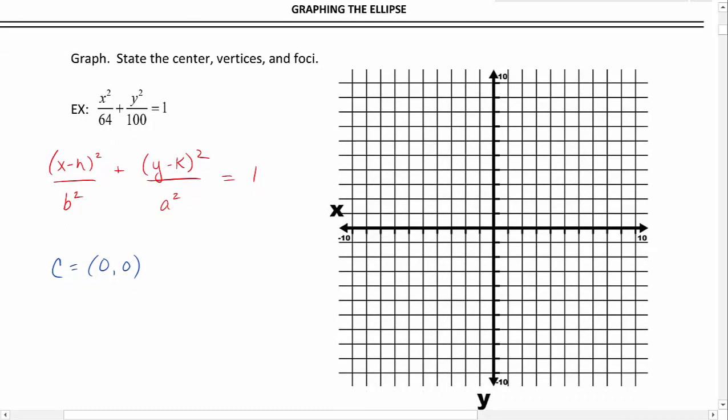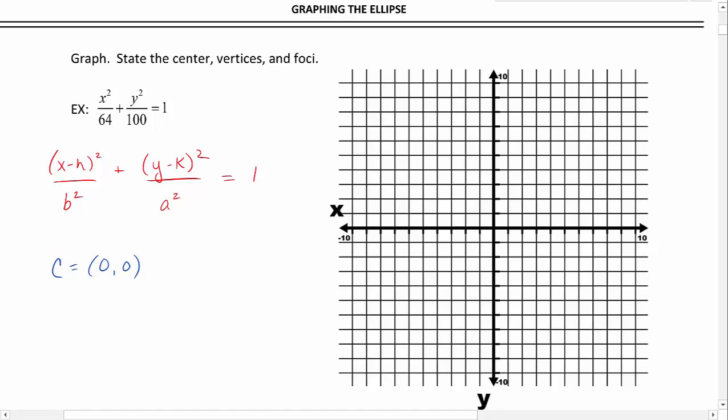Next, we want to figure out where the vertices are. We're going to use the major axis to find the vertices, and then we'll use the minor axis to help us find the other direction of our ellipse. If you recall, our major axis is of length 2a, and our minor axis is of length 2b. I don't get so caught up in the a and b, though.